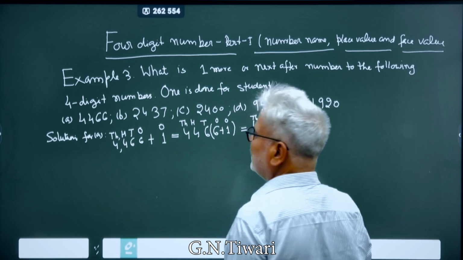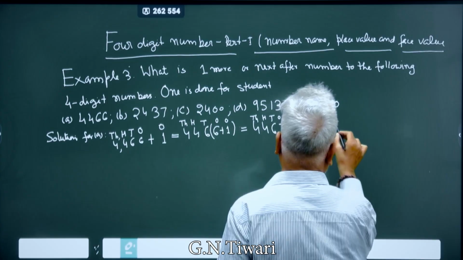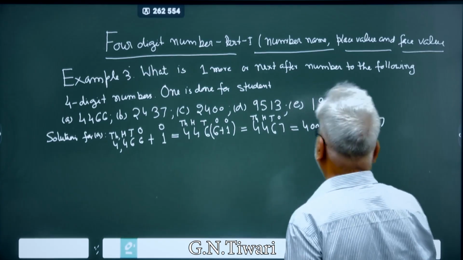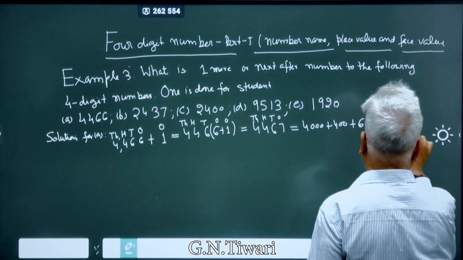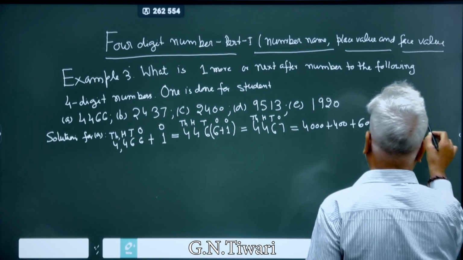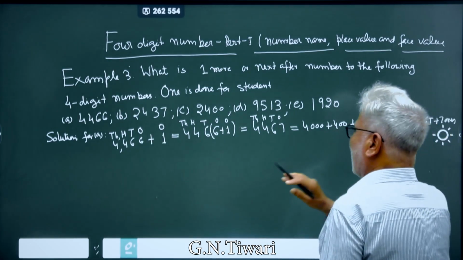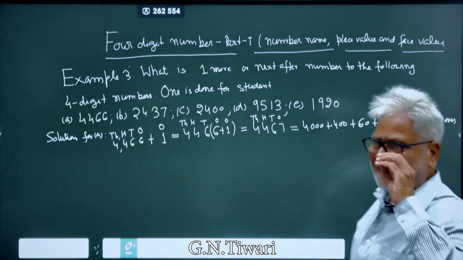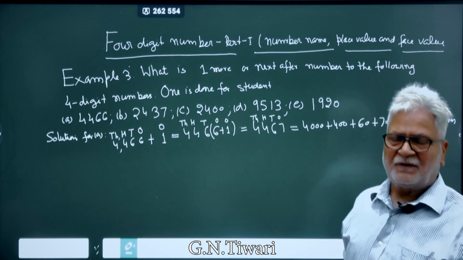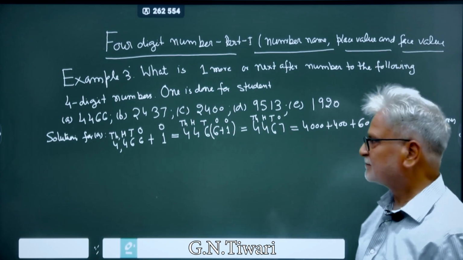Now, expanded form, in a similar way, 4000 plus 400 plus 60 plus 7. That is one way. Another way is 4th plus 4h plus 60 plus 7 ones. I am repeating this so that for students it should be entered in their mind: the meaning of short form, expanded form, more, less, number names, standard form.